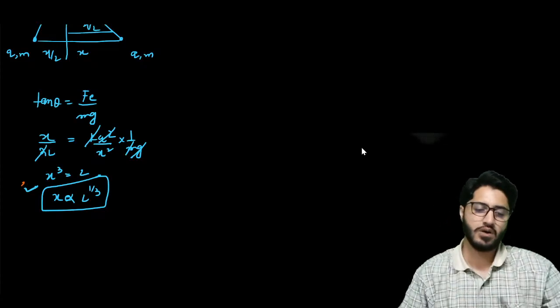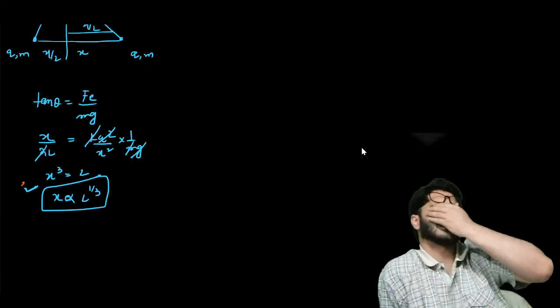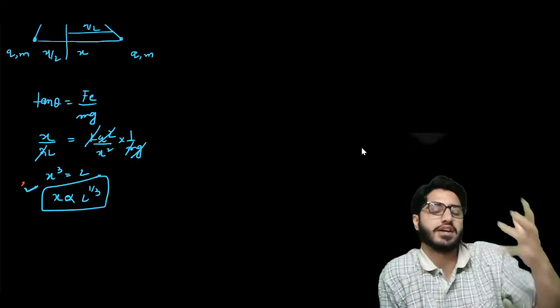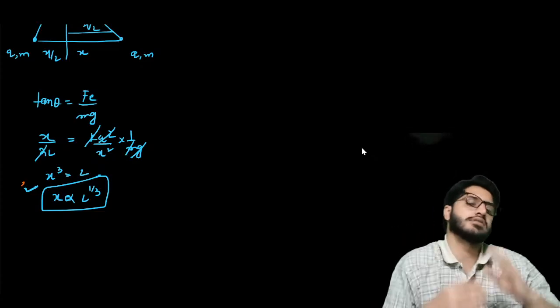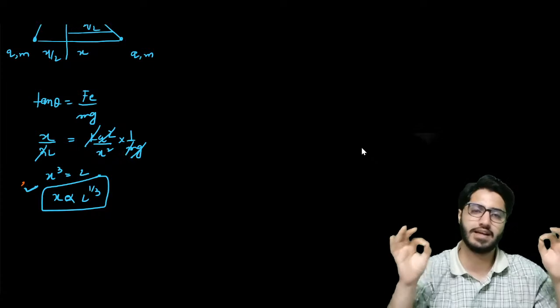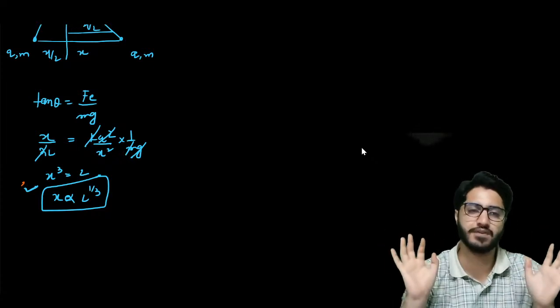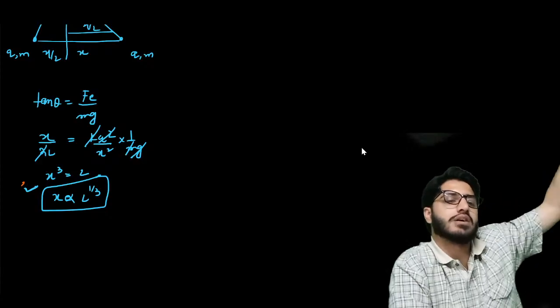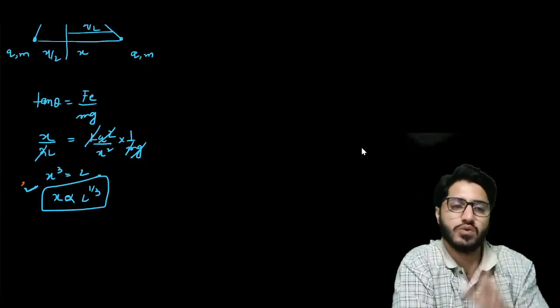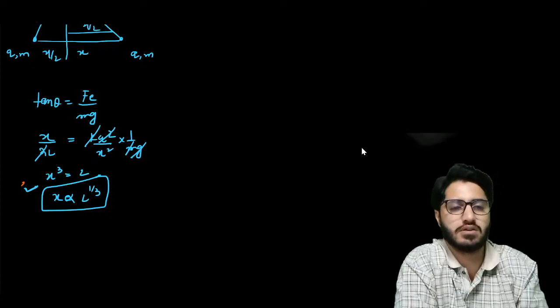Now let's make the numerical somehow harder. How, sir? Look, we have the pendulum in a normal condition where g is g. Then in the second case, we took this pendulum into space where effective g is 0, and we concluded some result.